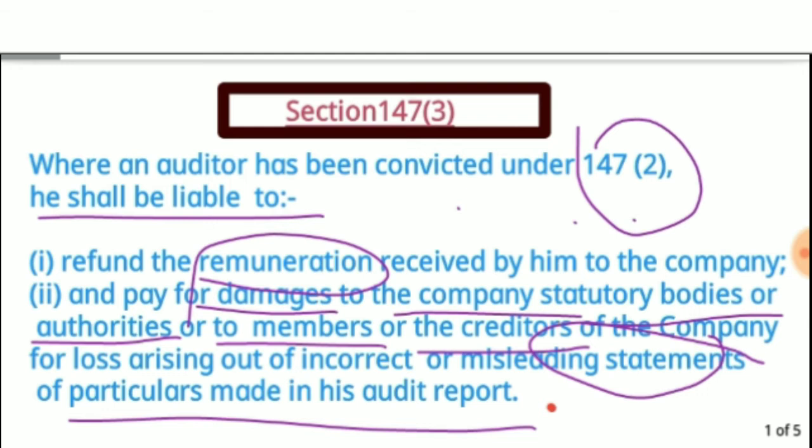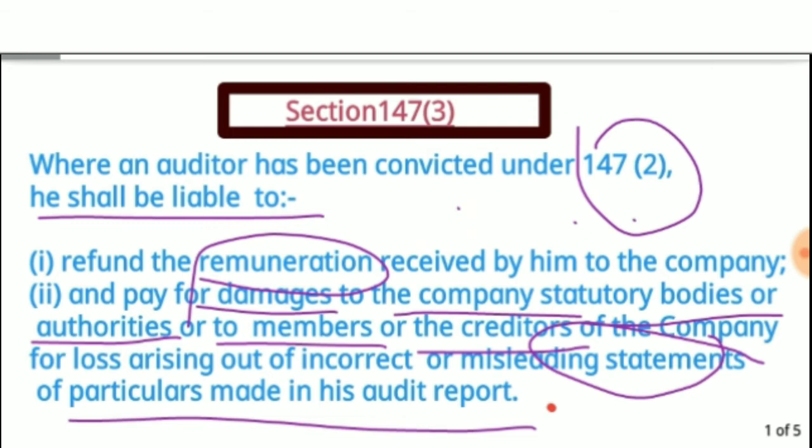So in that case, due to that report, they may have losses or damages, the company itself or the members or the statutory bodies or the income tax authorities, creditors, etc. So the auditor who made such a default is also responsible to make the payment of such damages to this category of people.